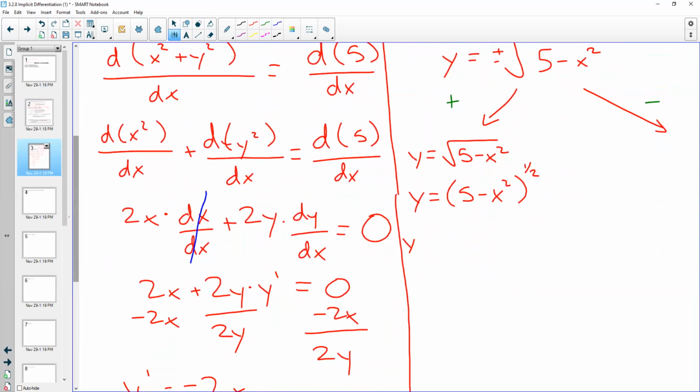So y prime is equal to 1/2 multiplied by 5 minus x squared to the negative 1/2, multiplied by the derivative of what is inside the bracket. So you'll get negative 2x. Okay, we can simplify these two here.